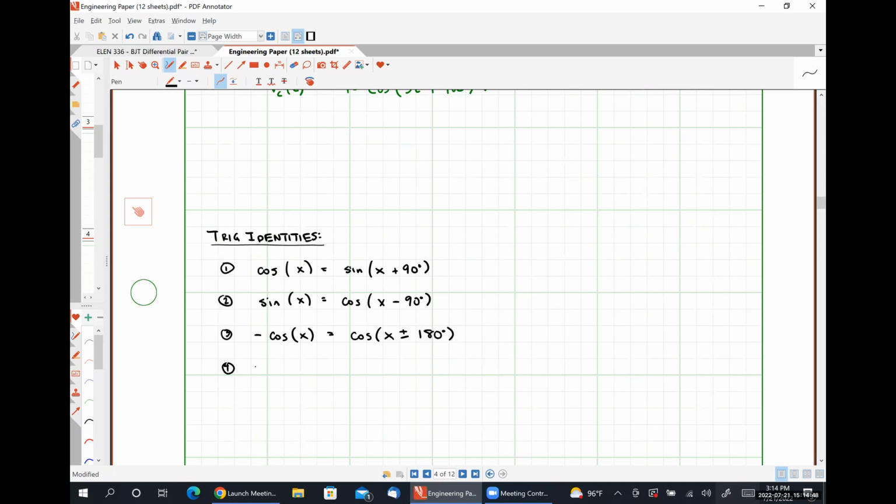And similarly, negative sine of x will be positive sine of x plus or minus 180 degrees. So effectively, adding or subtracting 180 degrees from a phase angle is the same thing as multiplying by a factor of -1.